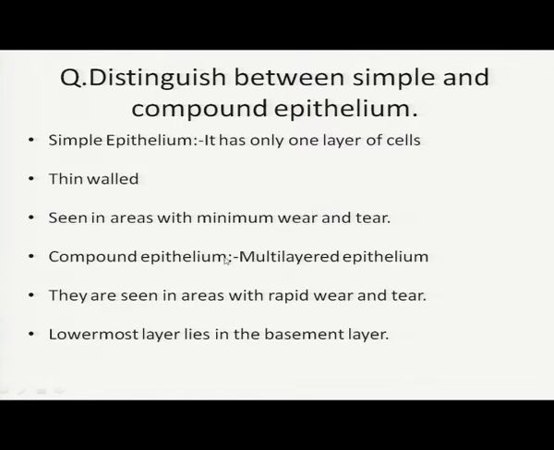Compound epithelium is multilayered, made up of many layers of cells. They are seen in areas with rapid wear and tear, and the lowermost layer of cells lies on the basement membrane.